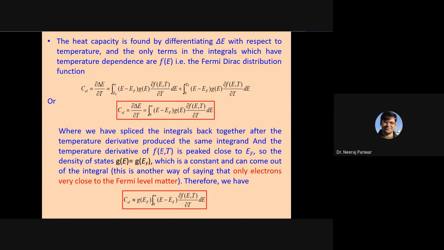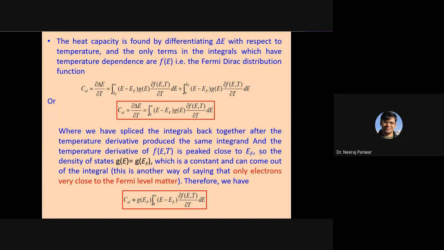So the first derivative of a step function like the Fermi-Dirac distribution function is a Dirac delta function, which has finite value only close to the Fermi level, and beyond that it goes to 0. So the derivative of this Fermi-Dirac distribution function is peaked close to the Fermi energy.